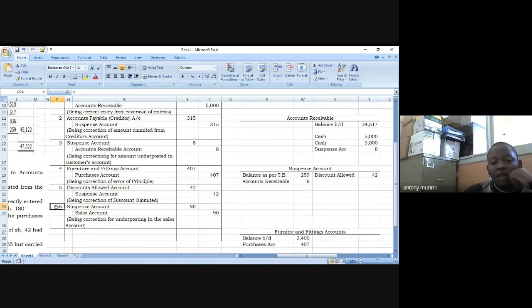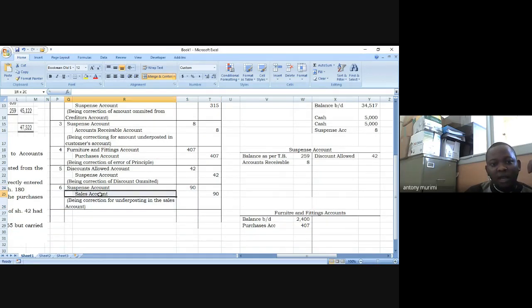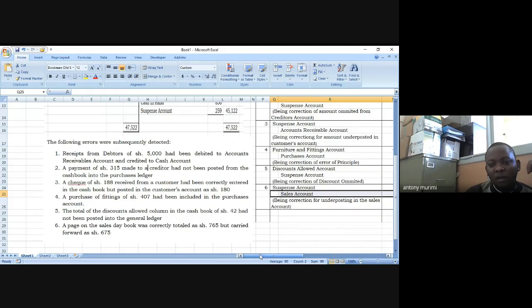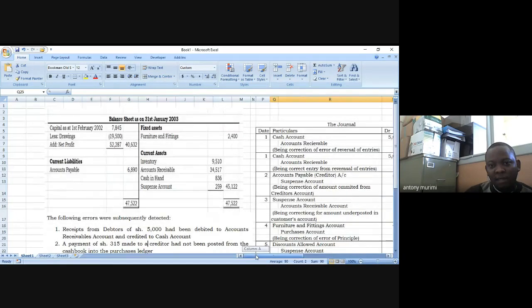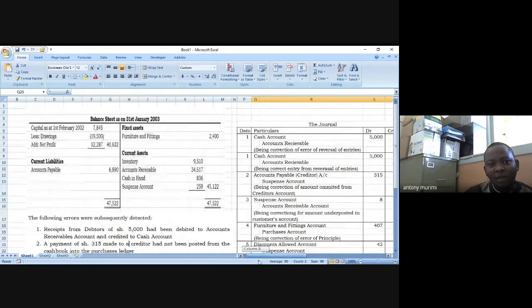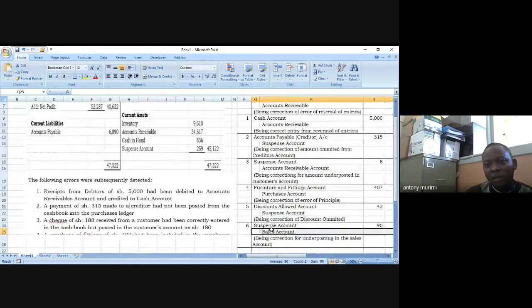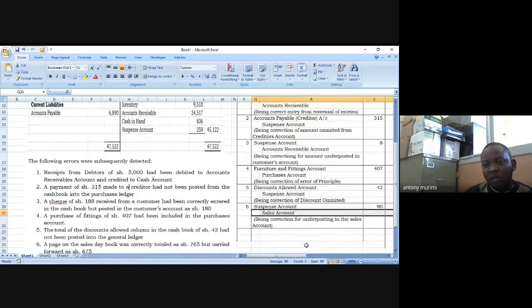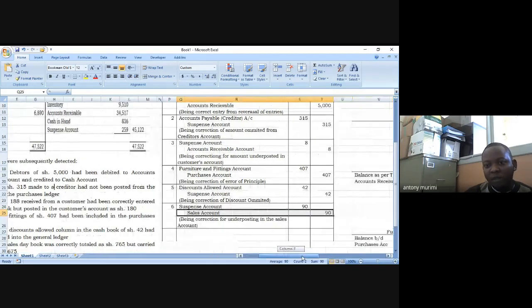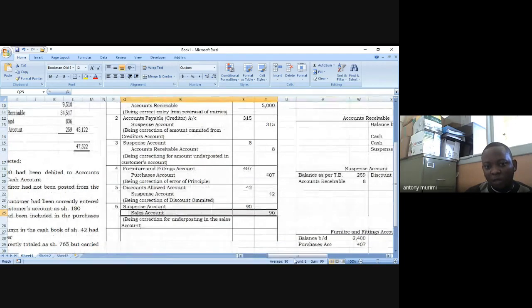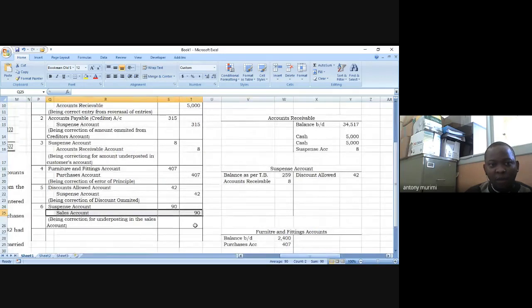And then we move on to the last error correction. That is a suspense account debit and credit sales account. Sales account being a revenue, it's not in our balance sheet, so there are no details concerning its balance. We shall also take it to the statement of adjusted net profit. So we shall not open an account for sales account. We shall skip it for now.